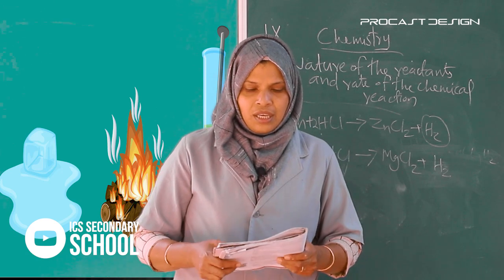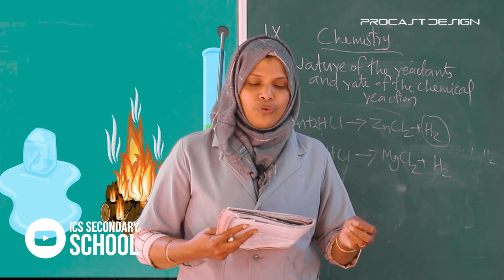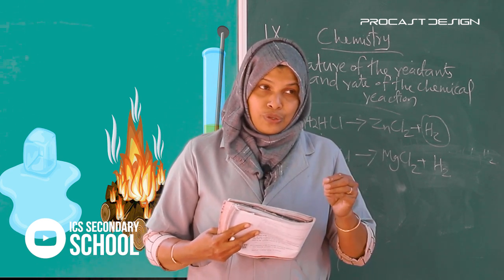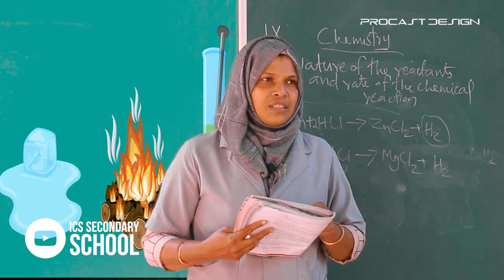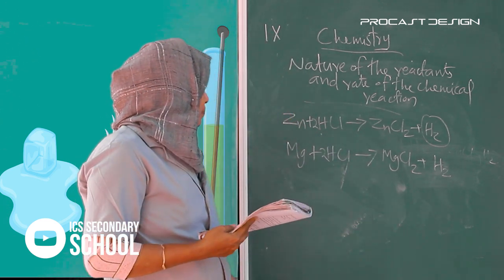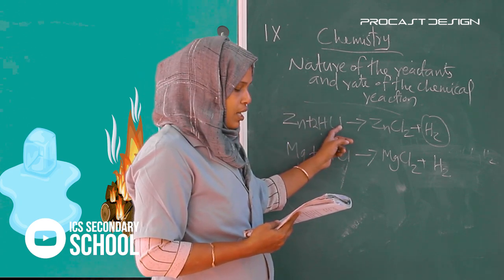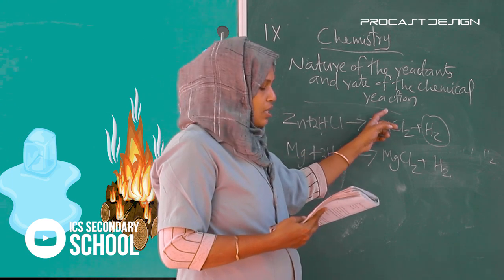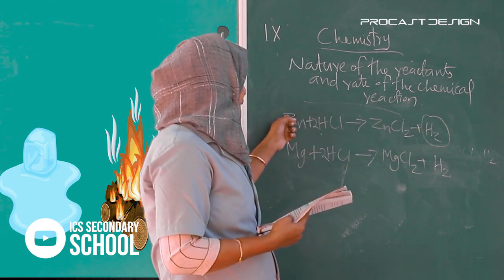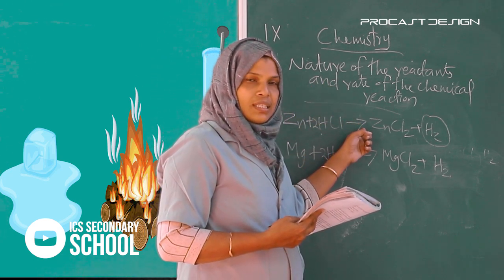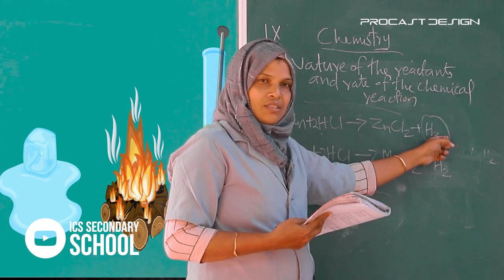Next question, try to write the chemical equations for experiment 1 and experiment 2. Can you write the chemical equation? Okay, first one, zinc reacts with the hydrochloric acid and forms zinc chloride and hydrogen.